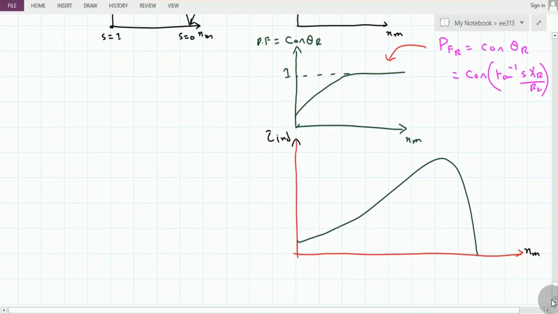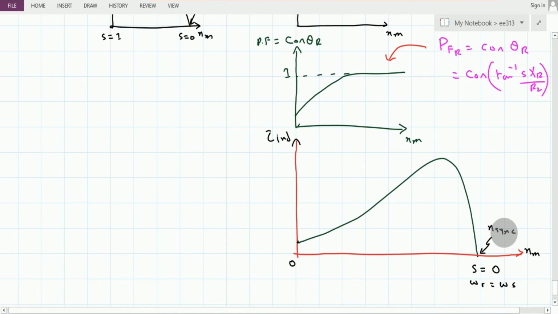Now you see here that we have Nm equal to 0 somewhere here, and at this particular point we have the synchronous speed, and at this synchronous speed the slip is equal to 0 and omega r is equal to omega s.